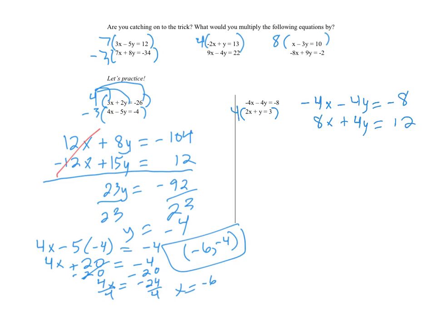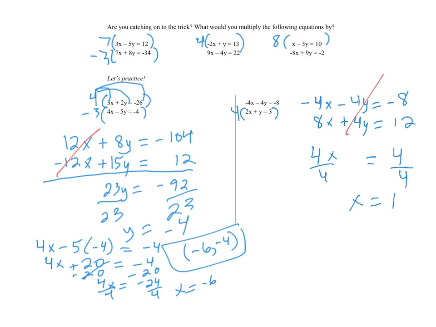Negative 4x plus 8x is positive 4x. Negative 4y plus 4y cancels out. And we're left with negative 8 plus 12 is positive 4. When I divide both sides by 4, I'm going to get x equals 1. I'm going to plug that back into either equation.